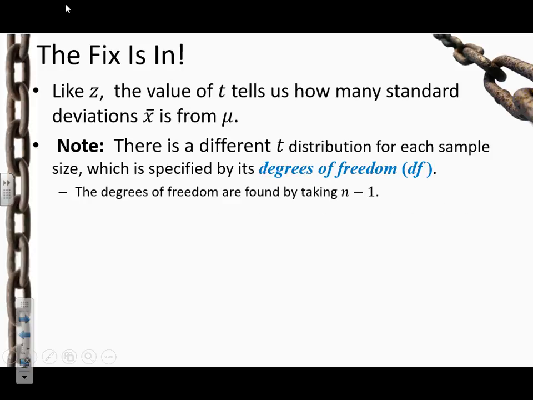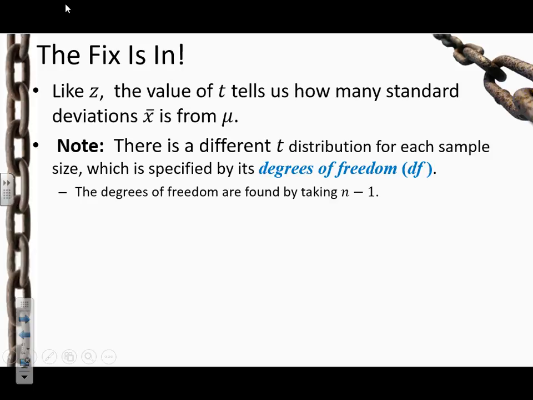Now, your degrees of freedom are found by taking the sample size minus 1. So if you are working with a sample of 50, and you wanted to find your t-value, how many degrees of freedom would you be working with? So sample size was 50, how many degrees of freedom would you have? 49.